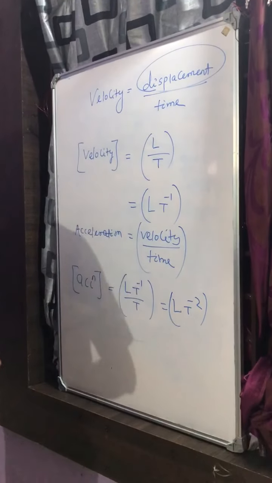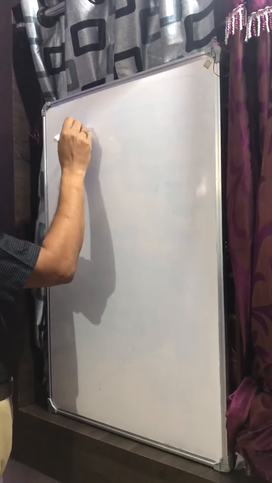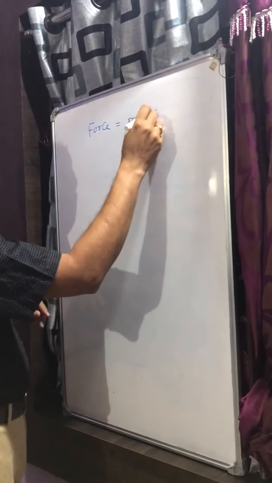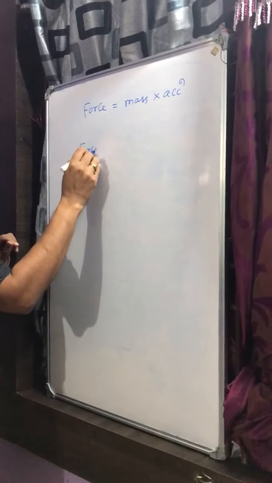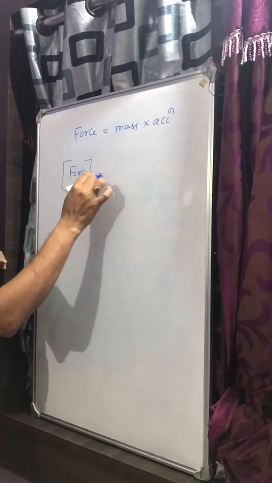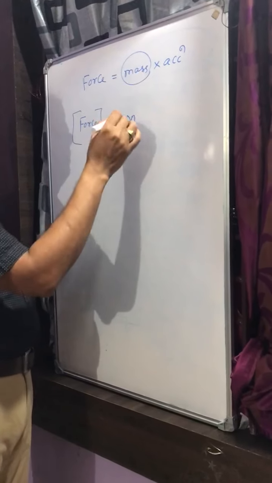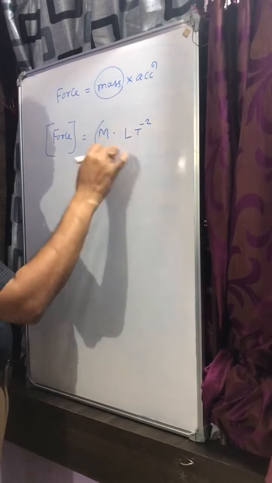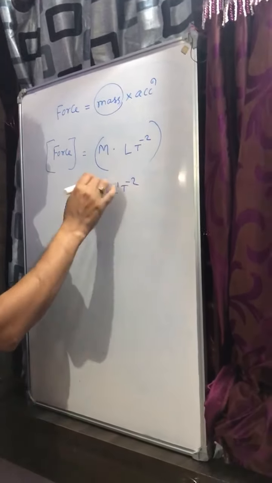Similarly, if I find out force, force is equal to mass into acceleration. So this is the formula. Then the dimensional formula will be like this: mass will be M, and acceleration we have already calculated, L T minus 2. So it will be M1 L1 T minus 2.